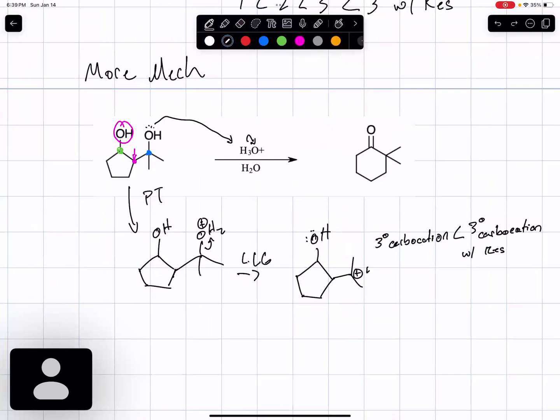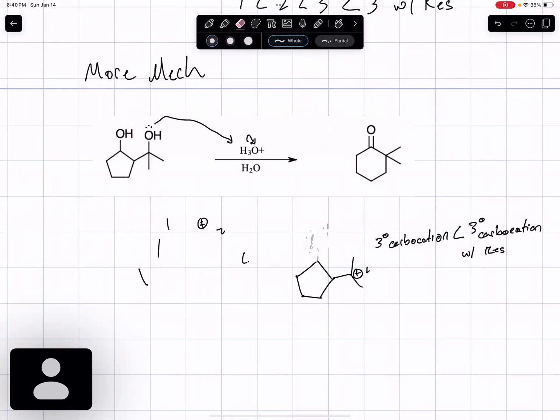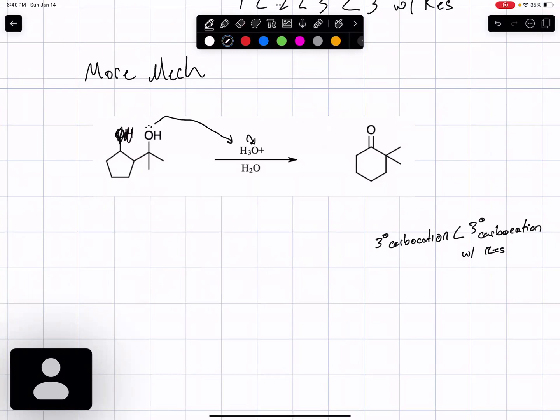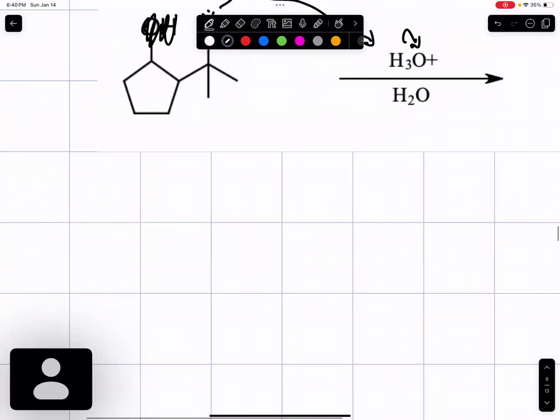This reactant should have been here. Let me erase all this. This should have been this structure. And here, let's take this away. I'll just redraw it. There we go.